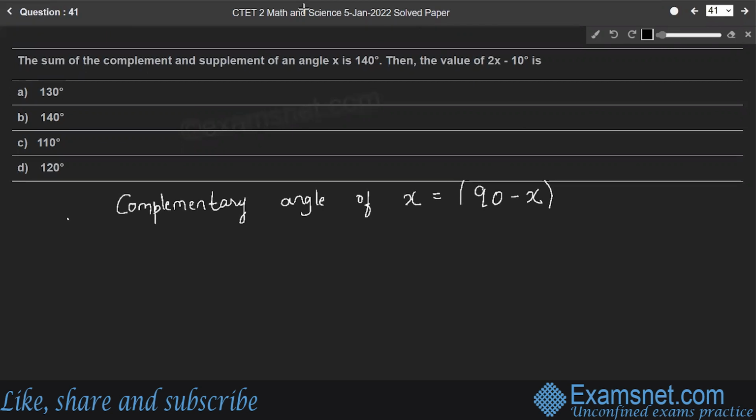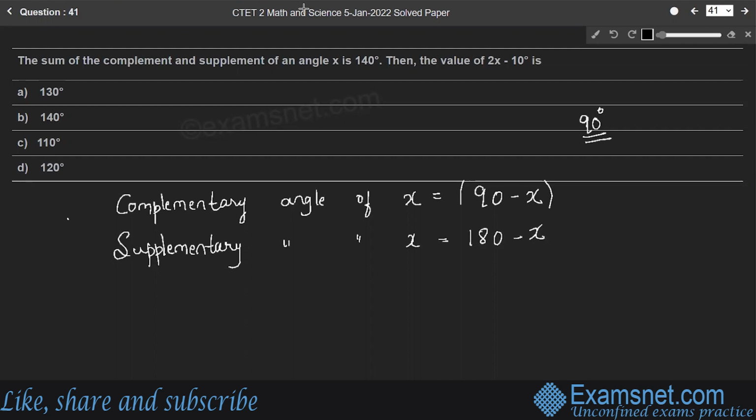Two angles are said to be complementary angles when their sum is 90 degrees, right? The supplementary angle of x is 180 minus x.